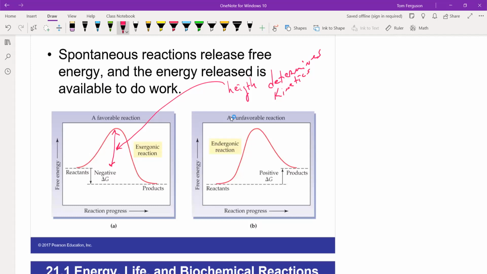The height of that activation energy vector determines how slow or fast the reaction proceeds.